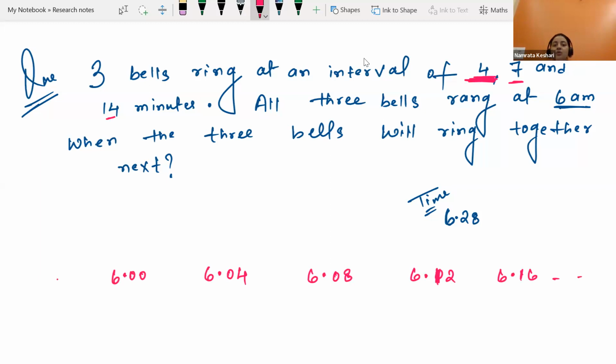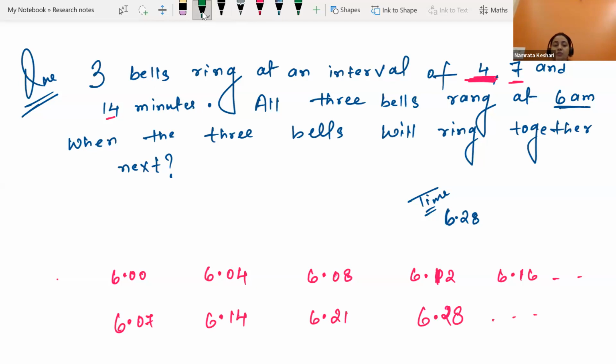Now the next bell is ringing at an interval of 7 minutes. So at 6:07, then 6:14, then 6:21, then 6:28. Teacher, we can just find the LCM directly.